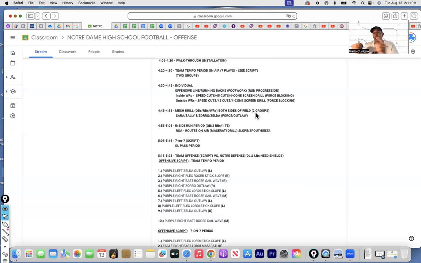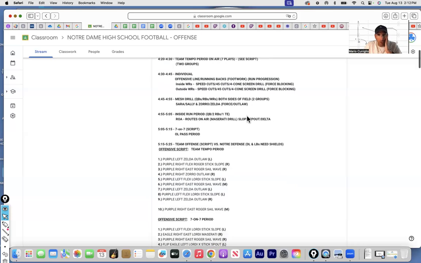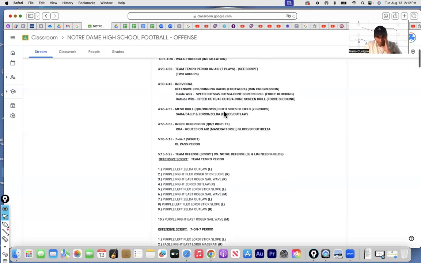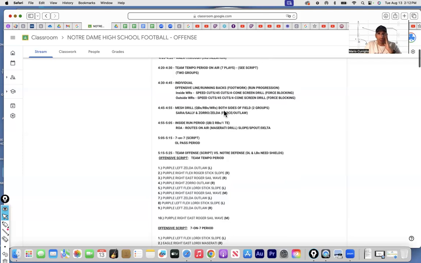All right, so if it's Sarah, right, we'll have the outlaw or force away. So on the left side of the field, those receivers will be working on those 2 things. And then the opposite side of the field will be working on Sally. And then the same thing, outlaw or force away from the run. Okay. So we'll have that going on simultaneously. And that's kind of what that mesh drill is.